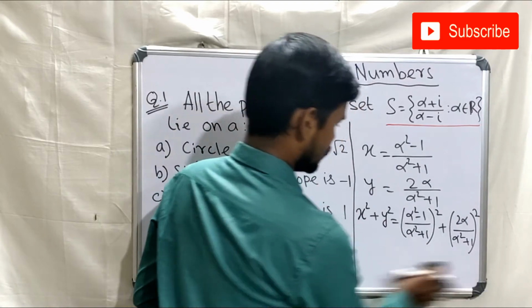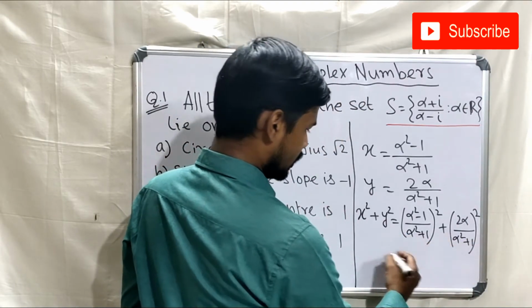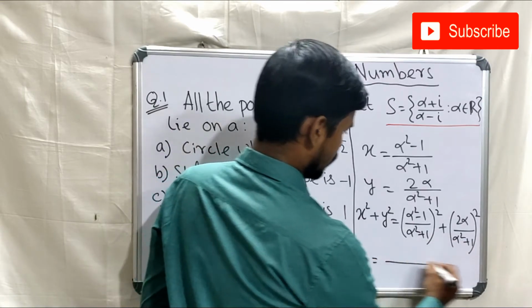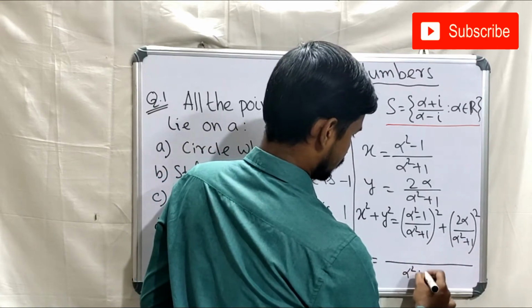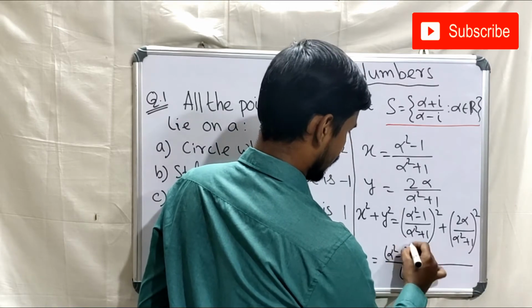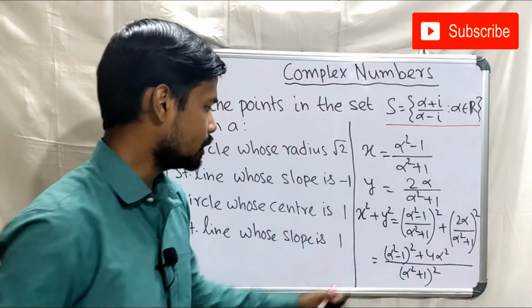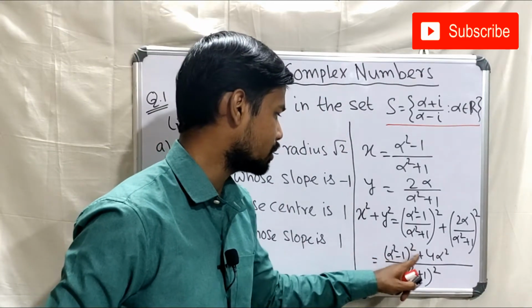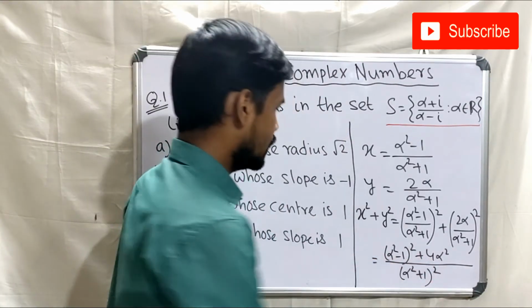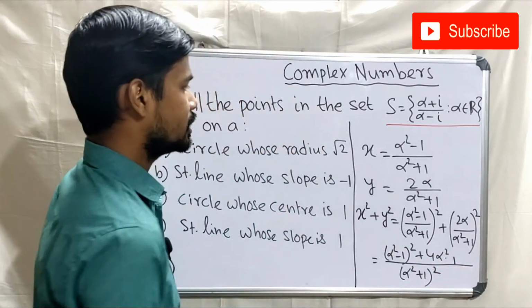Look, the denominators in each case are the same. So this will be (alpha square minus 1) whole square plus 4 alpha square, over (alpha square plus 1) whole square. Look, this is in the form of (a minus b) whole square plus 4ab. Here a is alpha square and b is 1.